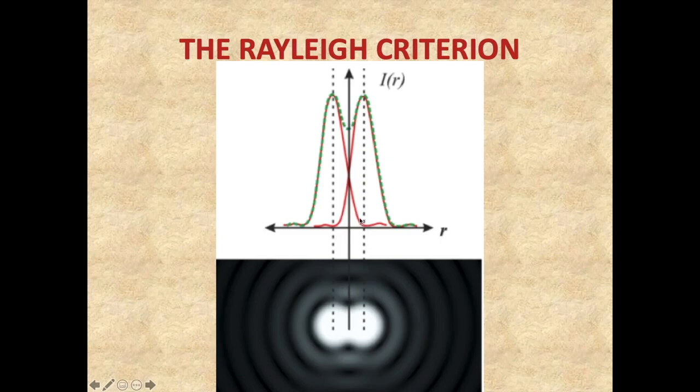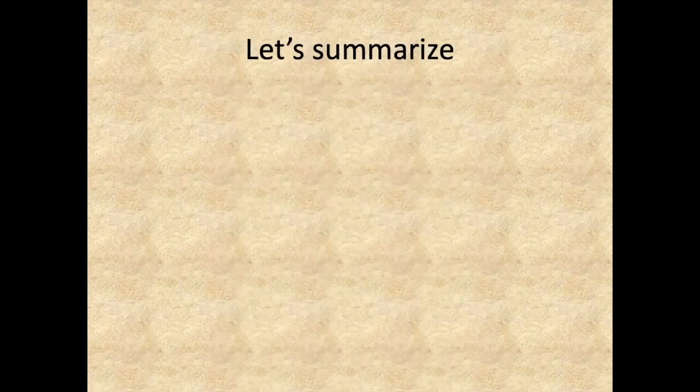The first minimum of one source coincides with the central maximum of the other, and this is what the image would actually look like. So let's summarize.